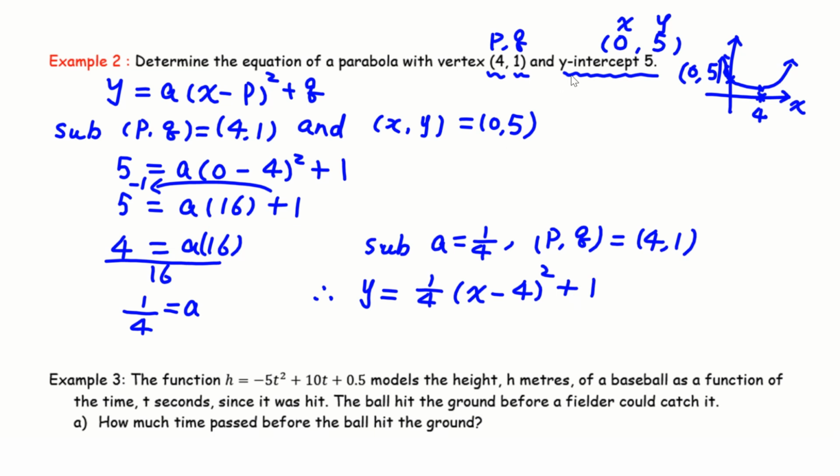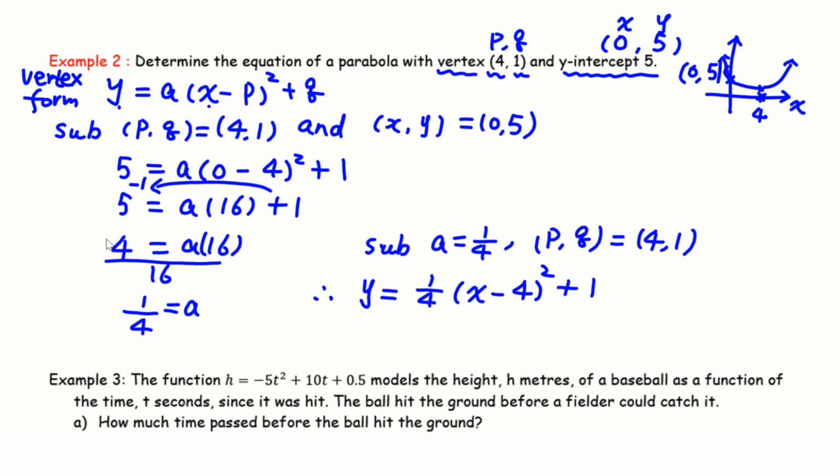For this question, because the vertex is given, we use vertex form. Then we sub in the vertex p, q and the given point x, y, and you are left with only one variable in one equation, then we can solve it. After that, we sub a, p, q into the vertex form. x and y should stay, since x and y represent a curve.